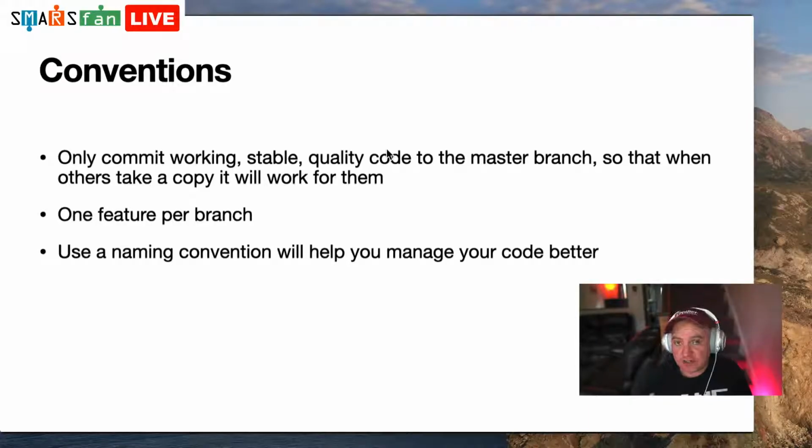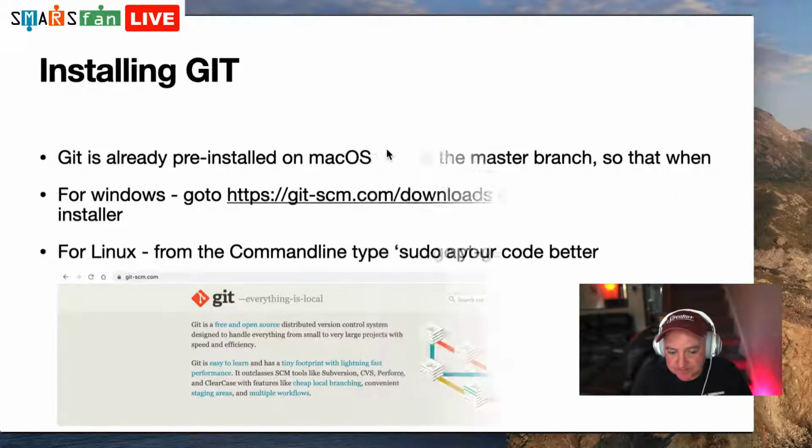Particularly if you're trying to track down a bug, you can see in your log of all the things that you've checked into Git where that particular feature was, so it makes it a lot easier to debug. And naming conventions help you manage your code better. So if you name your branches consistently, again, it helps understand when you're looking to try and troubleshoot something where things have come from. So that's conventions.